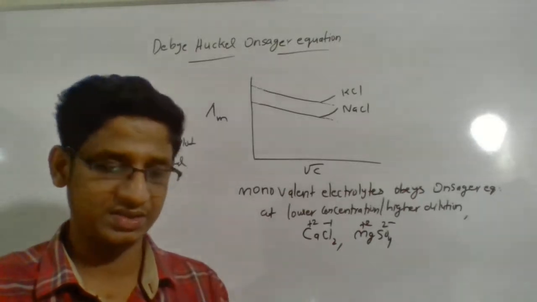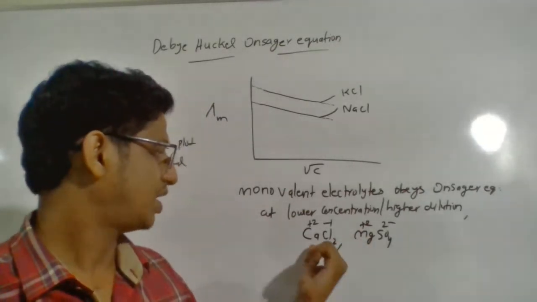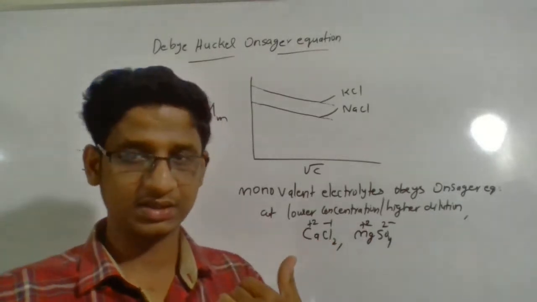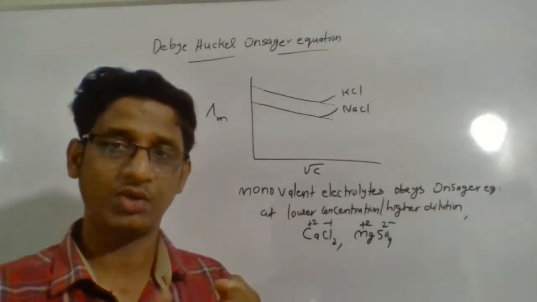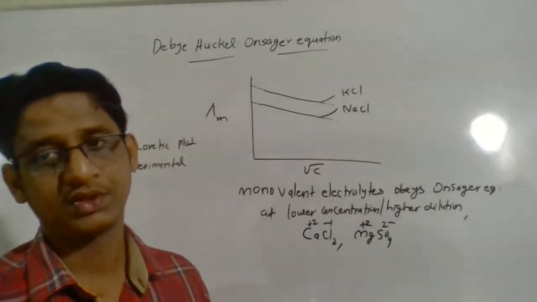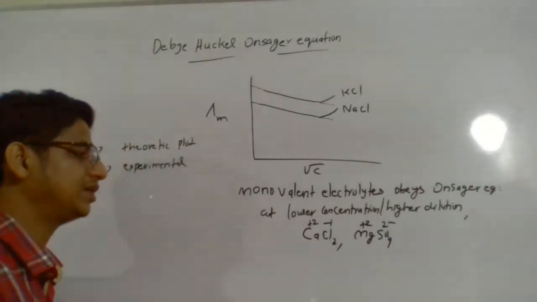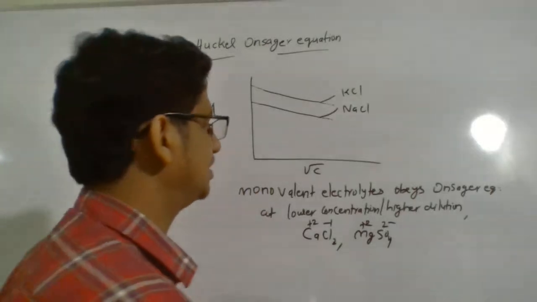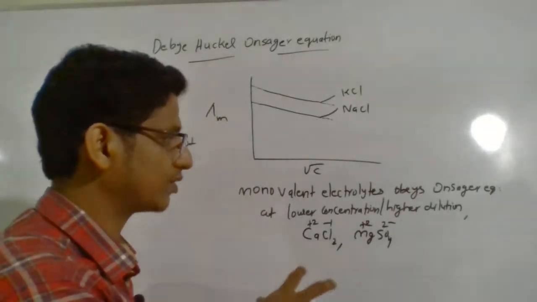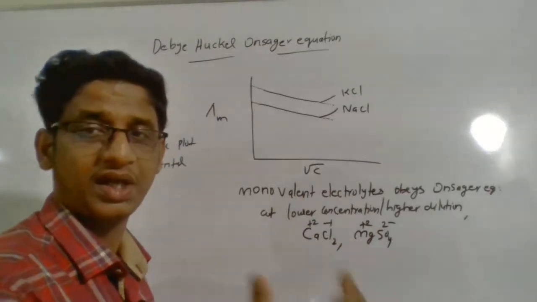If the ionic attraction is high, it means the ions cannot move. So the higher the ionic charge, that will reflect. Higher concentration, lower concentration, moderate concentration, everything is going to influence the molar conductivity. So that's the way you can understand. For the time being, you can understand it like this: the Onsager equation obeys for a monovalent electrolyte, especially at lower concentration or higher dilution.